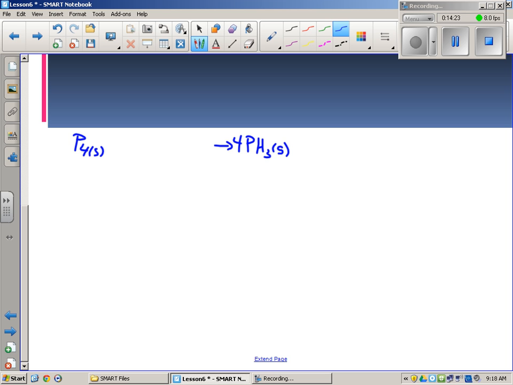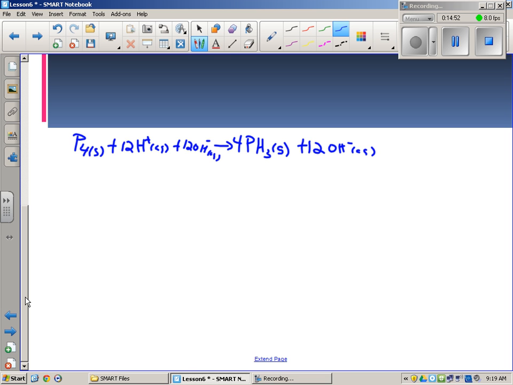This is under basic conditions, so we're going to add 12 H pluses. And if I'm going to add 12 H pluses to that side there, remember it's under basic conditions, so I'm going to add 12 OHs as well. And if I'm going to add 12 OHs there, I'm going to add 12 OHs over here. Okay.